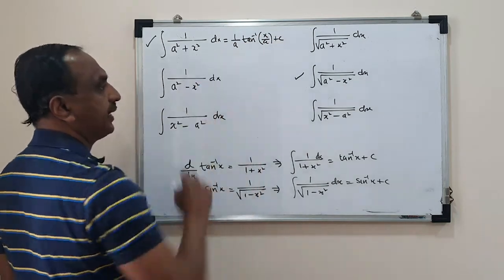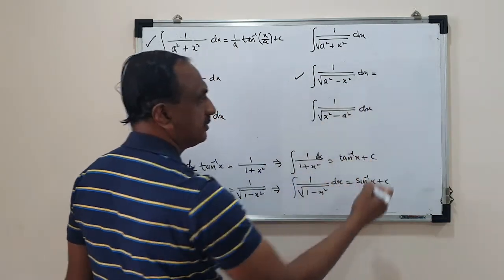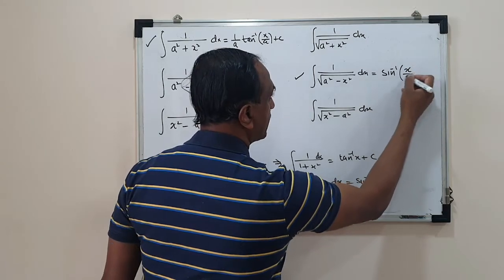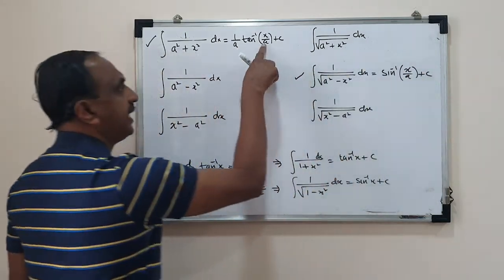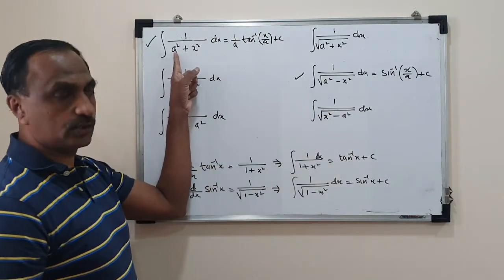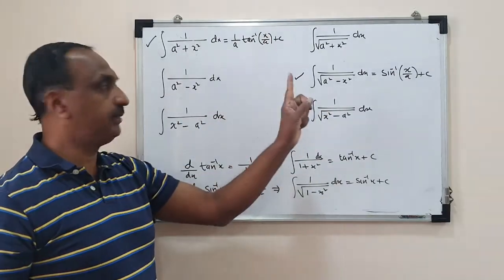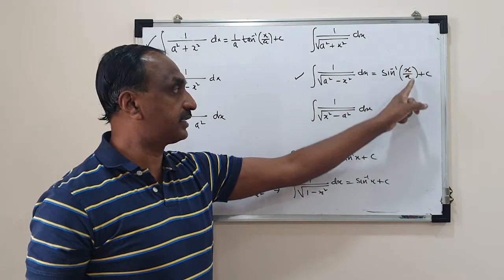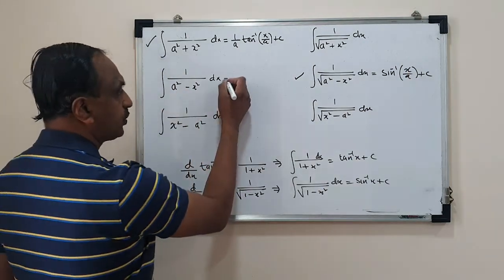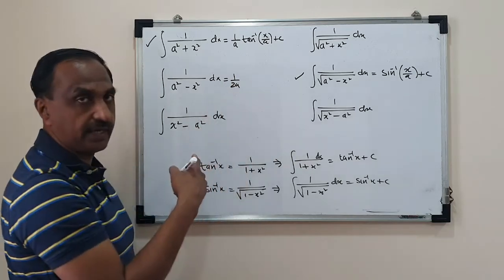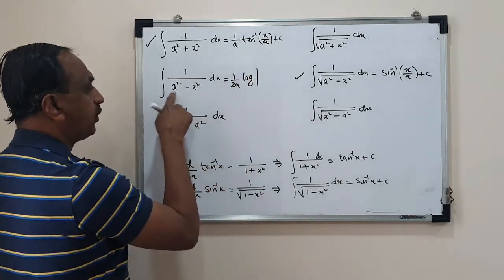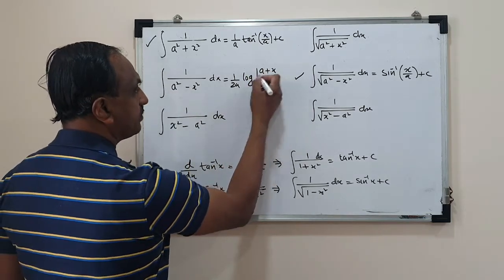The prefix is 1 by a. Here there is no prefix, so it is sin inverse, and instead of x, it is x by a. Tan inverse is tan inverse x by a. These two are factorizable, so 1 by 2a, because factorization we did, 1 by 2a log of, when the constant is first, a plus x, upon a minus x.